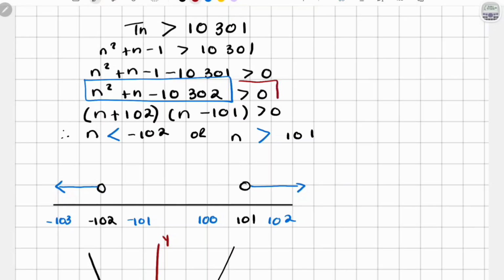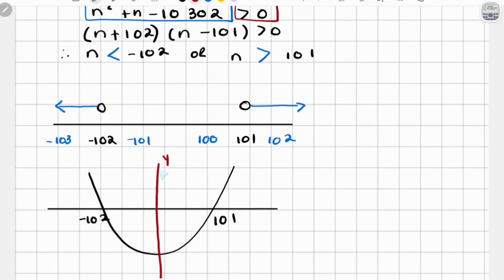So where would we have y values greater than 0? Well, this is our y-axis. The only place that you have y values greater than 0 is over here. Everything here is less than 0.